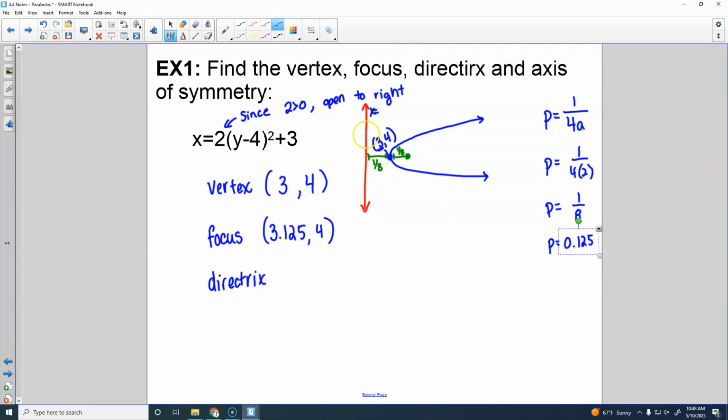So what will I get for my x coordinate here at this line? 2.875. So my directrix is going to be x equals 2.875. We're just taking 3 and subtracting that 0.125. Okay, so we've got the vertex, the focus, the directrix. The last thing that you need is your axis of symmetry here.